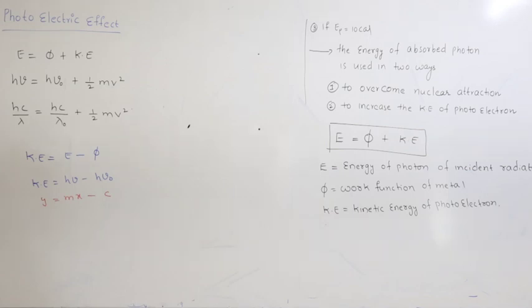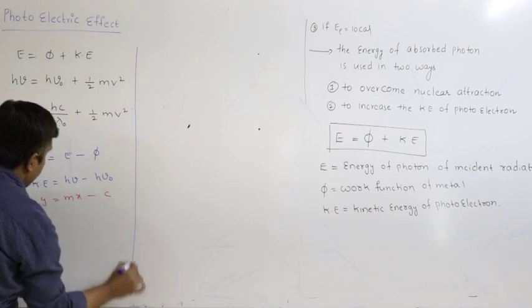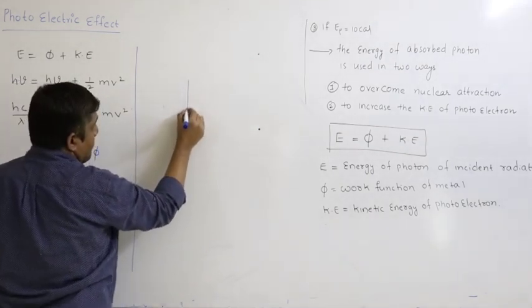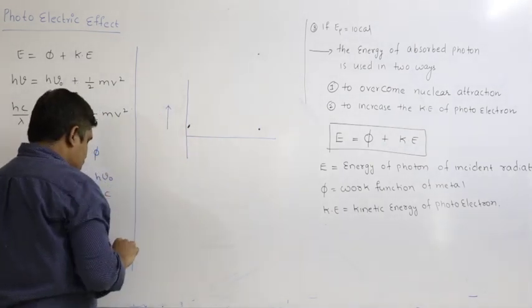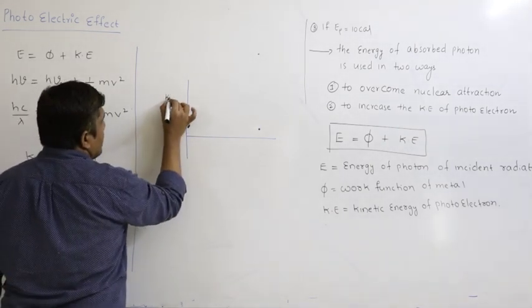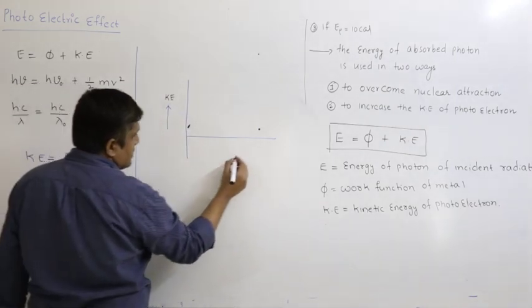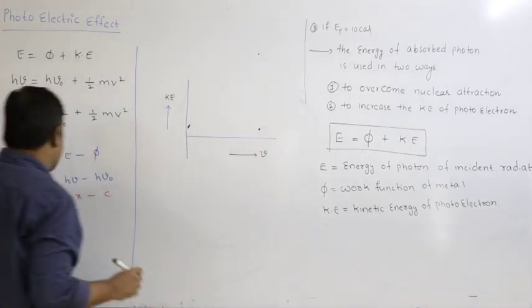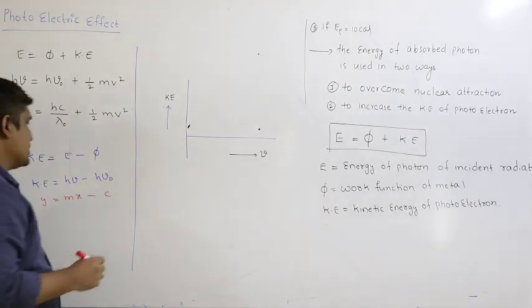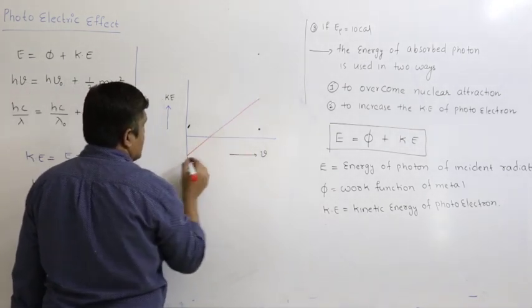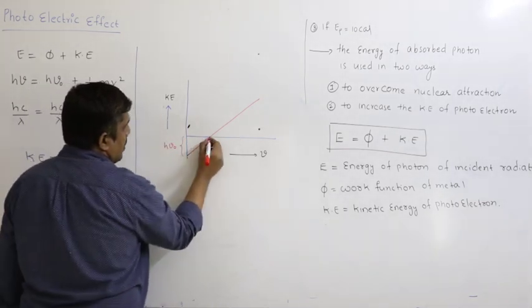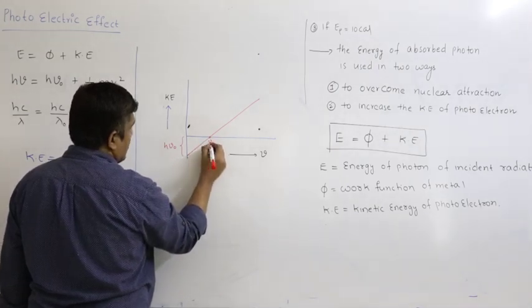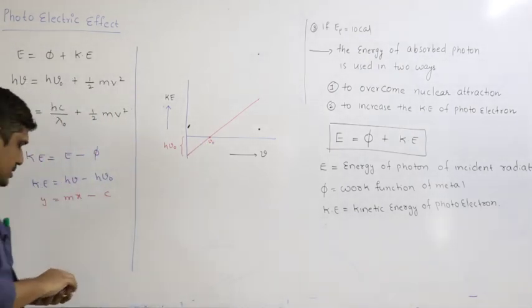On the x-axis we are taking frequency, on the y-axis we are taking kinetic energy. So we'll get a straight line with a negative intercept. This is nu naught, and the slope is h.